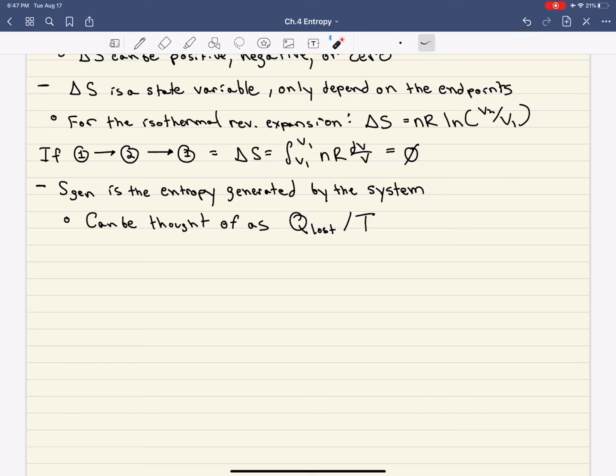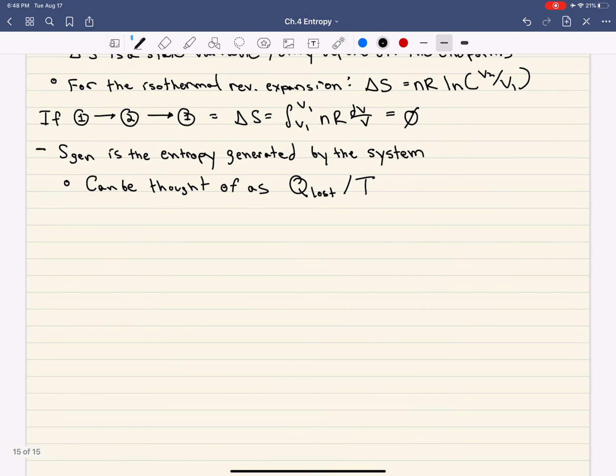Another way to give somewhat of a physical meaning to S-gen is to think about it more directly in terms of work.